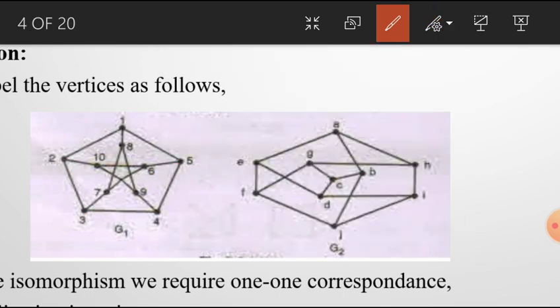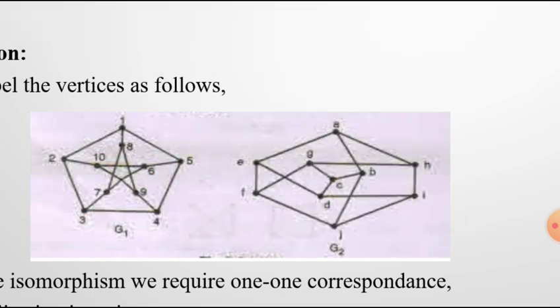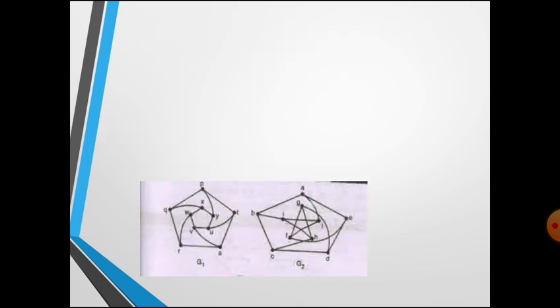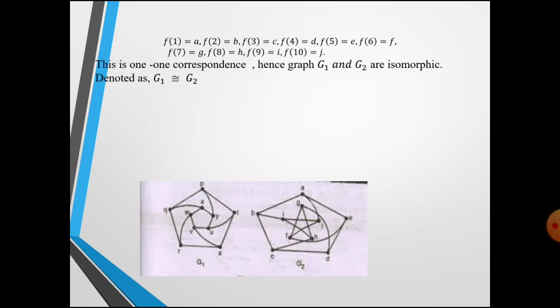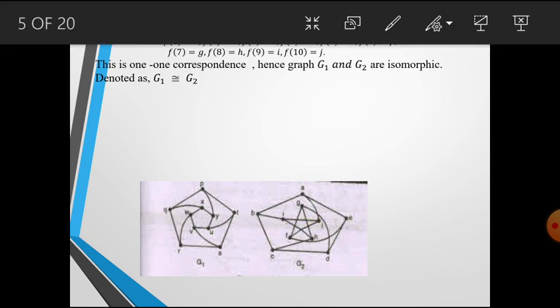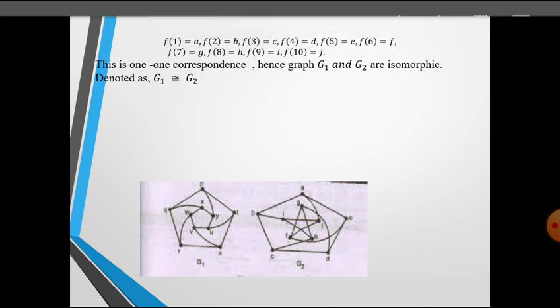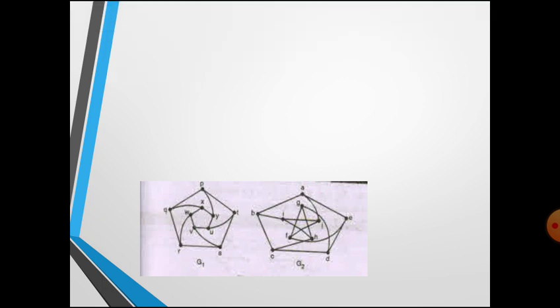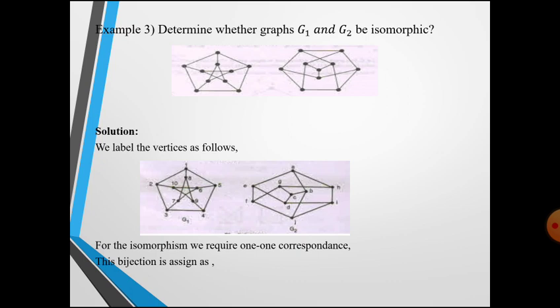We have this correspondence, and it is summarized as the function f, which defines f of 1 equals A, f of 2 equals B, and so on, f of 10 equals J. This is a bijective correspondence, hence the graphs G1 and G2 are isomorphic.